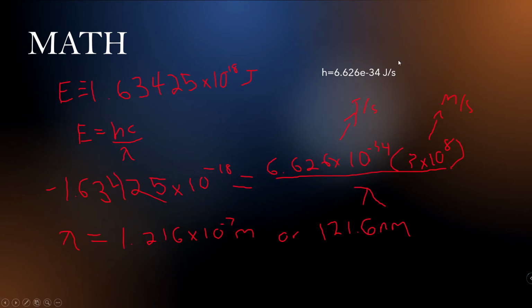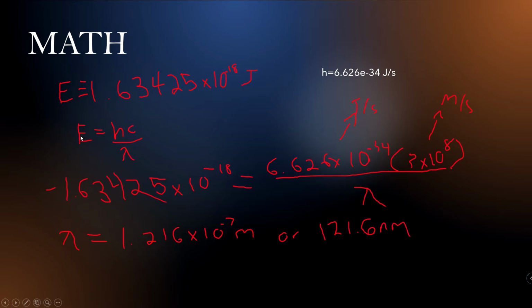So all we did here was replace f with c divided by lambda. We know c, right? And we're trying to find the wavelength from a particle moving from the n equals 2 to the n equals 1 energy level, my mistake.